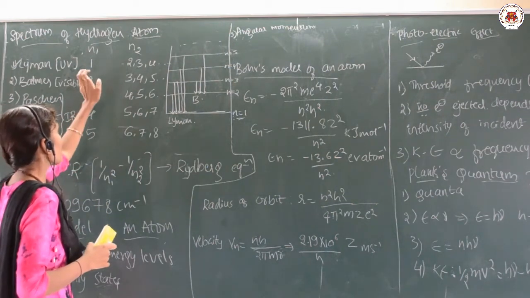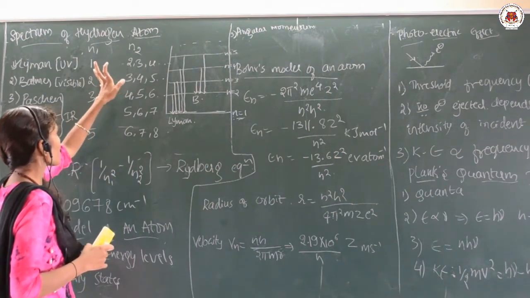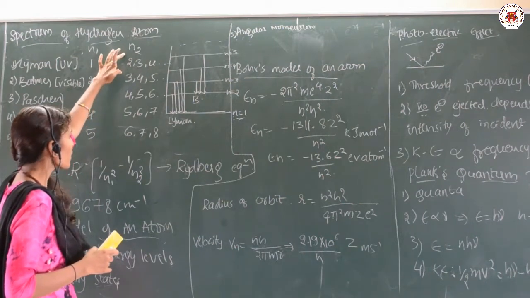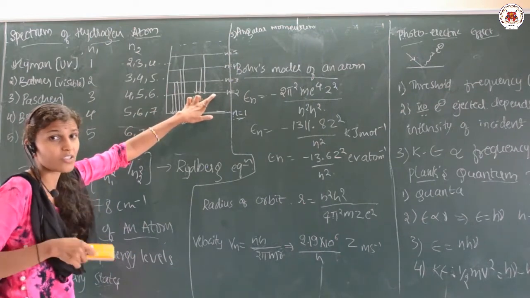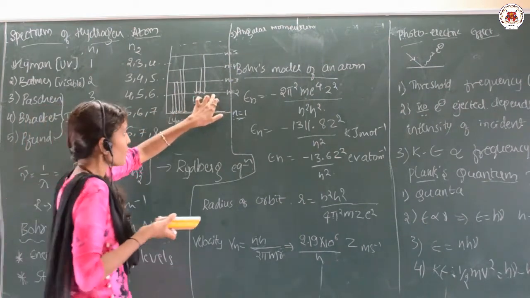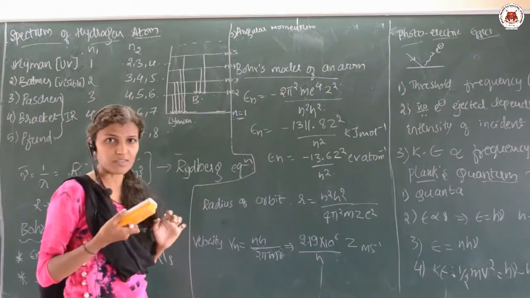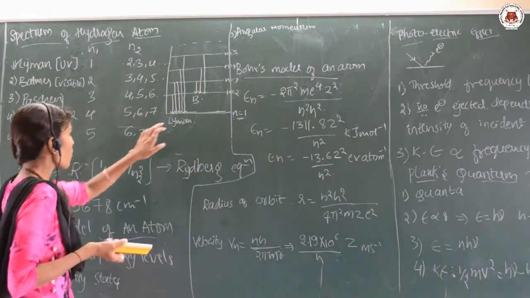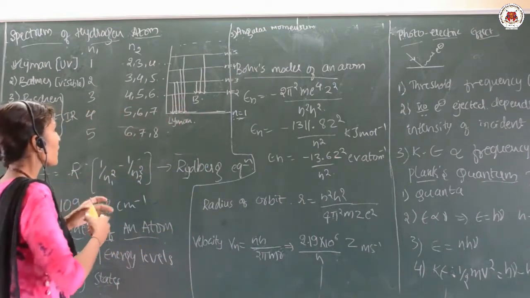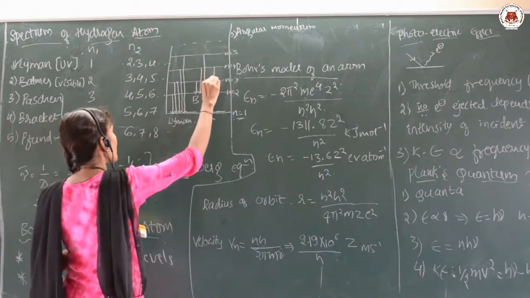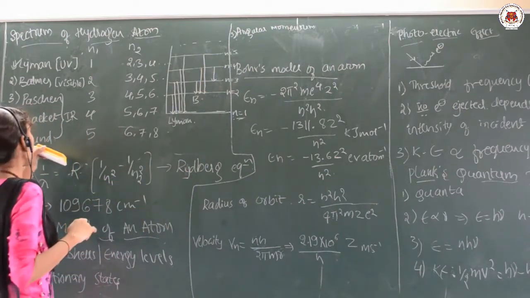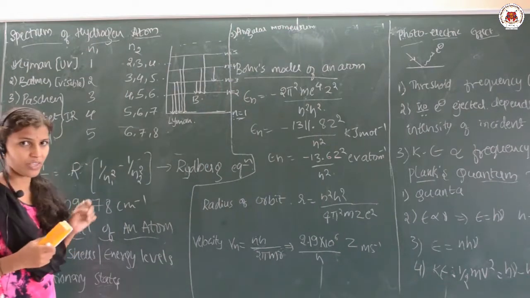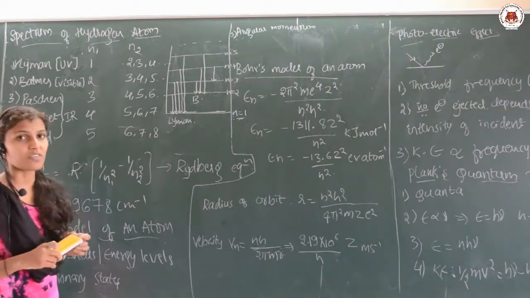The value of n1 for the Balmer series is 2, and the value of n2 will be 3, 4, 5, because radiations come to the second level from 3, 4, 5 and so on. Similarly, if they come to the third level, that is the Paschen series. If it is the fourth energy level, that is Brackett. If it is the fifth energy level, that is the Pfund series.